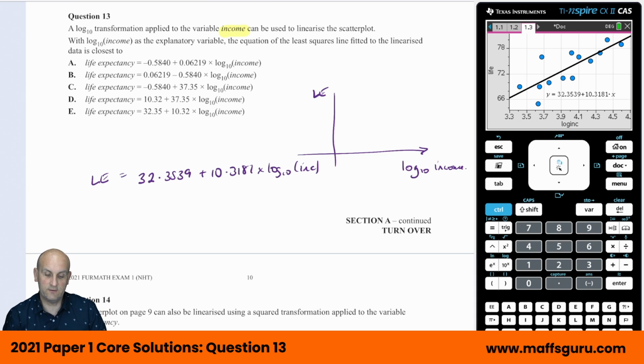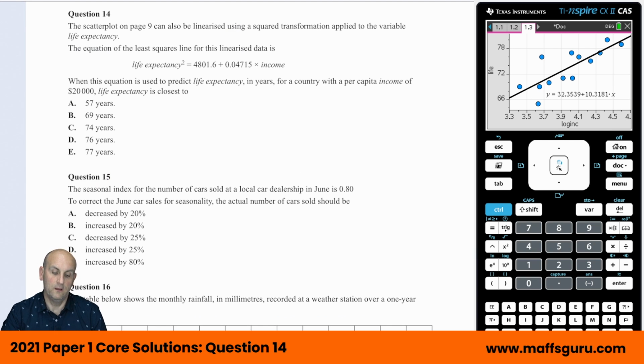That's what my calculator reckons. Now obviously it's done it to two decimal places. So 32.35 plus 10.32 is my correct answer.